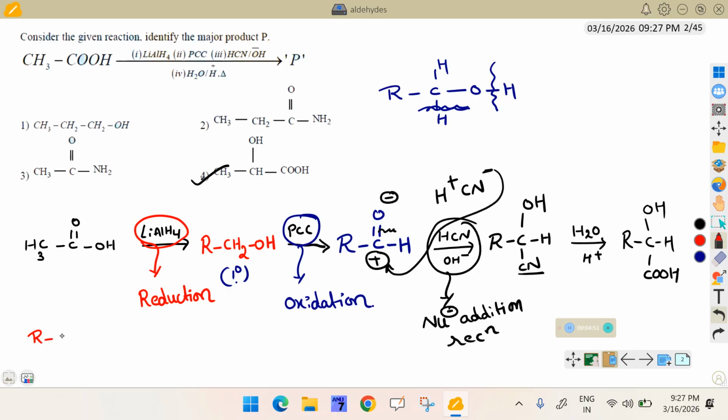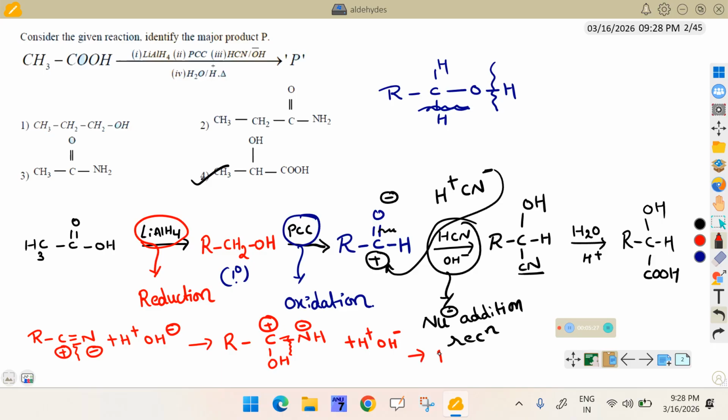How is it? Take the cyanide, RC triple bond N, hydrolysis, H plus, OH minus. Break the bond between carbon and nitrogen. Nitrogen gets negative charge, carbon gets positive charge. Then it is converted to RC(OH)=NH, which on further hydrolysis, H plus OH minus, breaking the bond between carbon and nitrogen, is converted to RC(OH)2NH2.